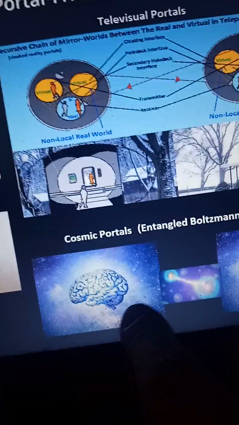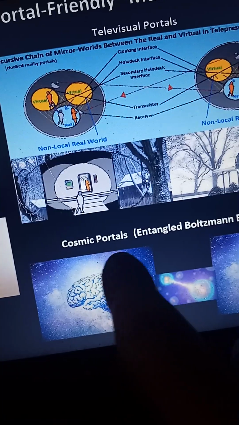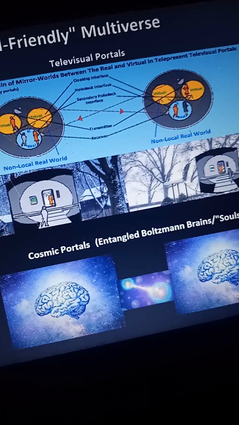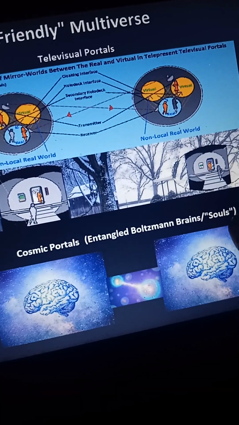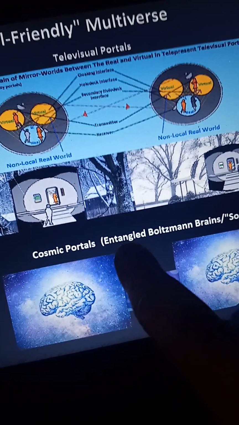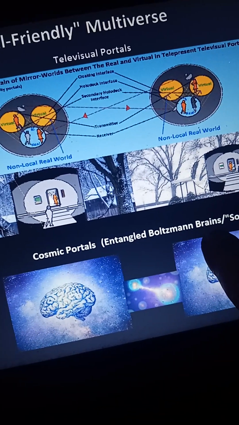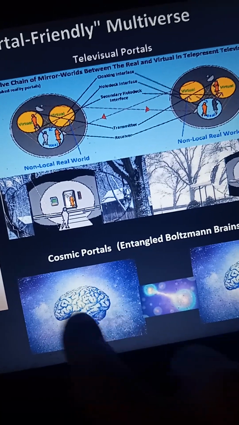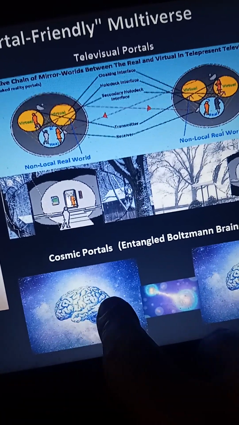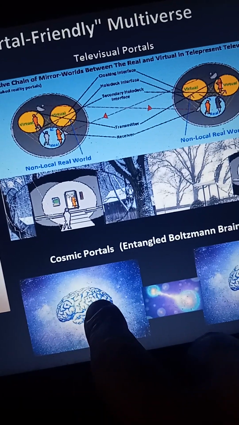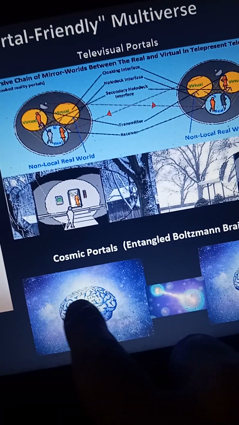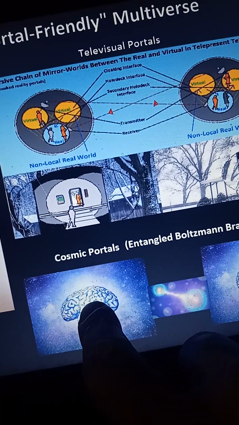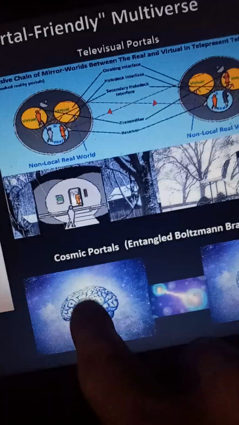And cosmic portals I have yet to figure out. I'm being totally honest, but I talked to my friend just yesterday, I believe, and I stumbled upon the idea of entangled Boltzmann brains. If any of y'all know what a Boltzmann brain is, it's a most unlikely occurrence that a person could be formed, with all their life experiences, as a Boltzmann brain in space.